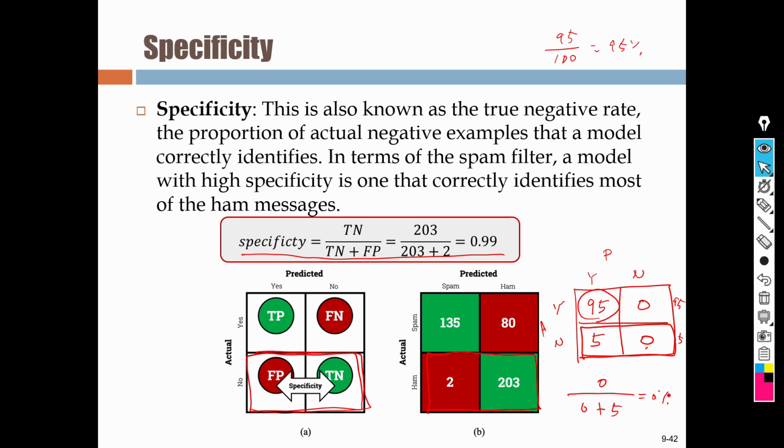So we have to look into the specificity and also the sensitivity. So specificity and sensitivity are kind of a pair, right? And then the precision and recall are kind of paired.